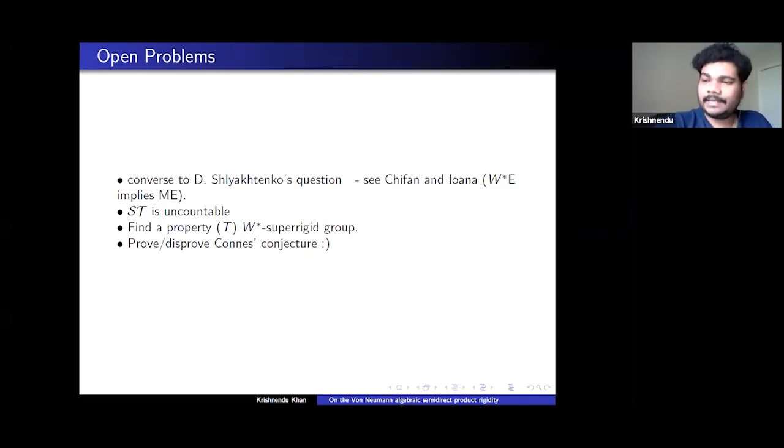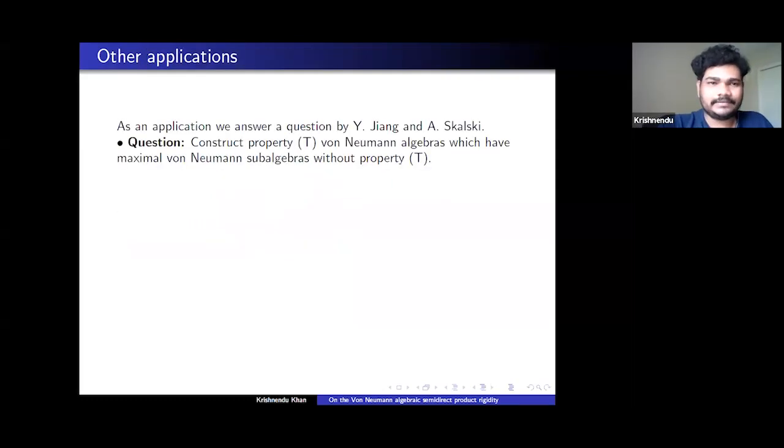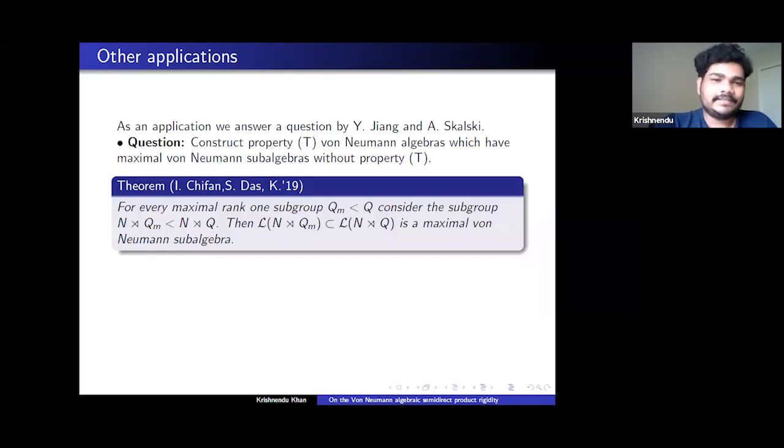And since I have one minute left, there are other applications. There was a question by Young and Skalski where they asked to construct maximal von Neumann subalgebras without property T inside property T von Neumann algebras.